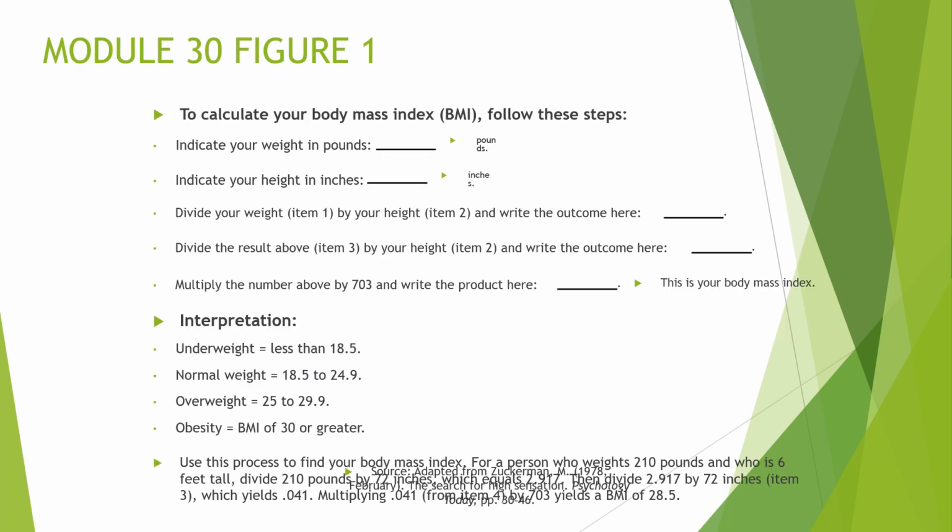Now, this is figure 1, and this is at the top of page 309 in your textbook. And it's showing you how you can determine your BMI. You need to follow those steps. So you first need to indicate your weight, then indicate your height, and you want to divide your weight by your height.